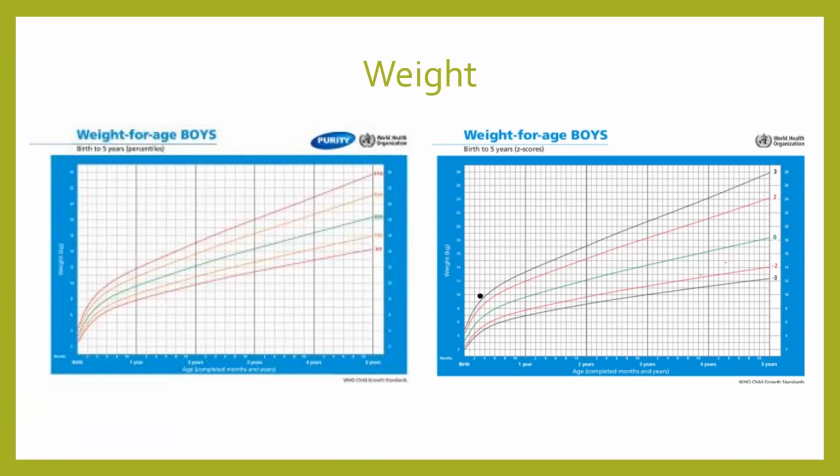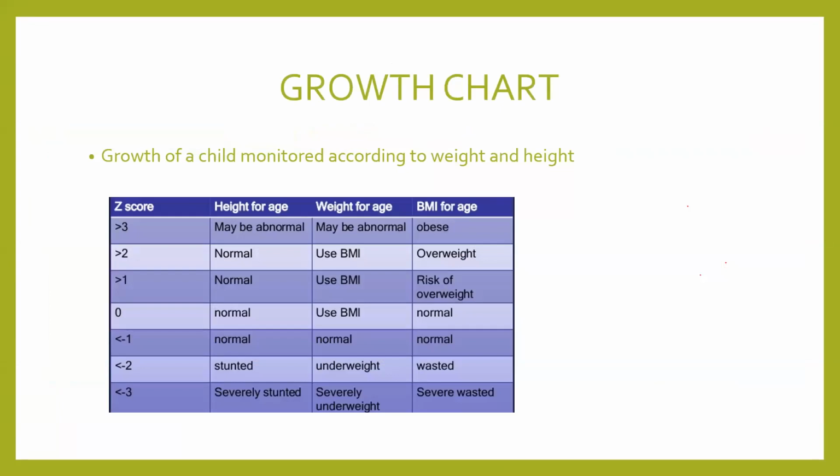Can we go back to the previous slide? So from the growth chart, we usually use percentile. If it's within 5 to 95, it's considered normal. And then for Z-score, we have more than 3, more than 2, more than 1, 0, -1, -2, and -3.